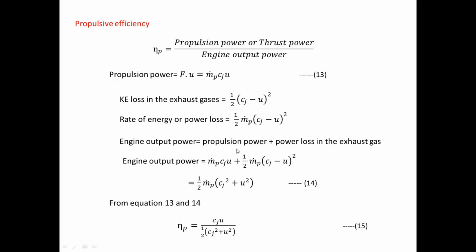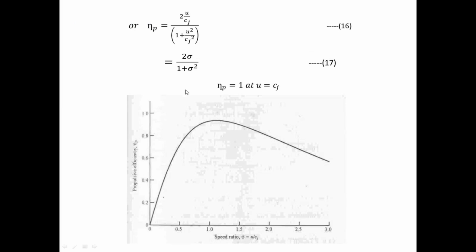Engine output will be equal to the propulsion power plus the power loss. So propulsive efficiency will be equal to F into U by this value. So Cj into U, m dot p will get cancelled, half into (Cj square plus U square). If you divide by Cj square, you will get this expression, propulsive efficiency, as 2 sigma by 1 plus sigma square. So when sigma is equal to 1, or when U is equal to Cj, you will get eta P, that is the propulsive efficiency, as 100%.